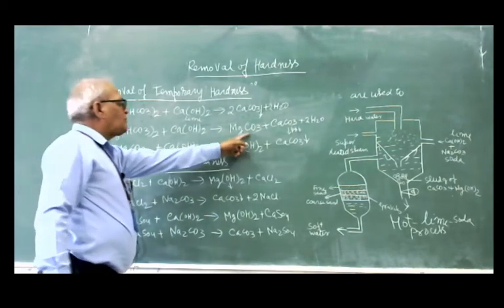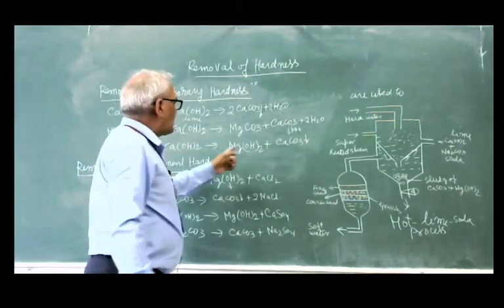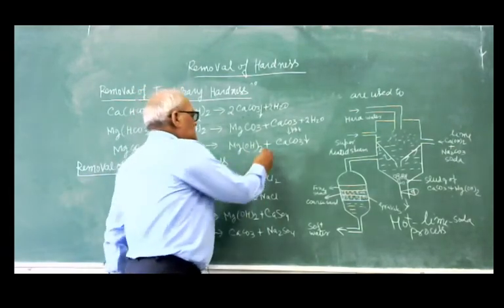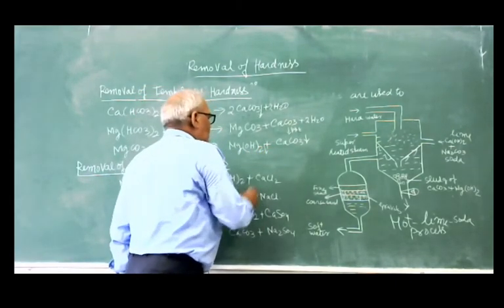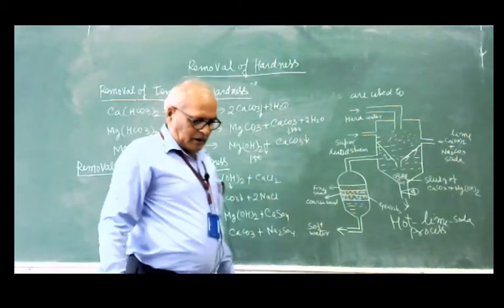Magnesium carbonate is formed here, and again calcium hydroxide is required to change magnesium carbonate into magnesium hydroxide, and this magnesium hydroxide is insoluble, so it is a precipitate.